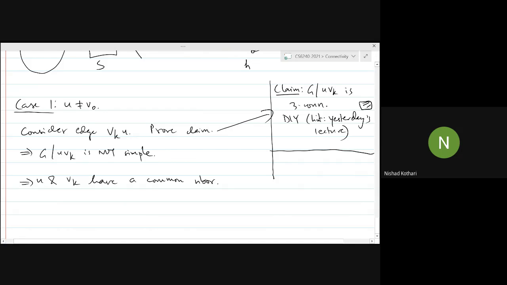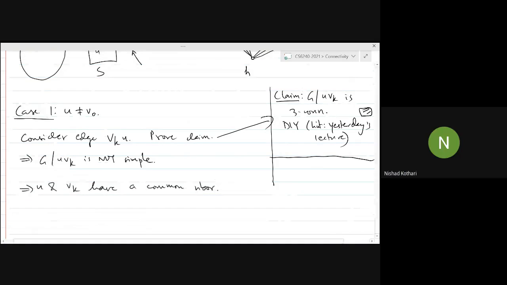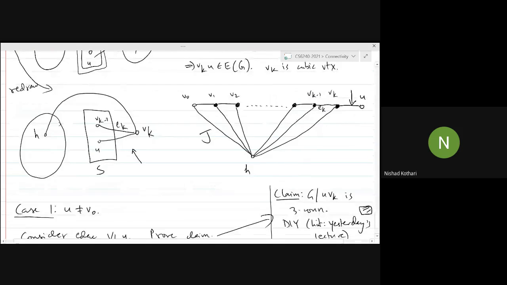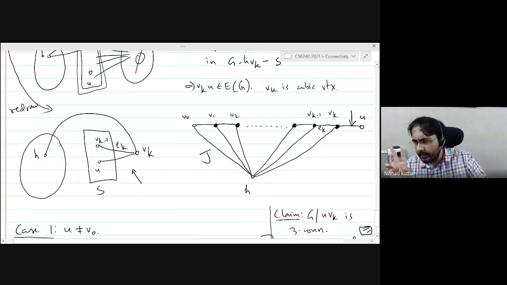Okay. So now, who is that common neighbor? Either it is the vertex h, because vk's neighbors are already known to us. It's u, vk minus 1, and h. So for u and vk to have a common neighbor, it has to be either the vertex h or the vertex vk minus 1.